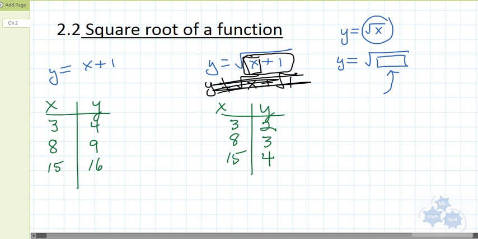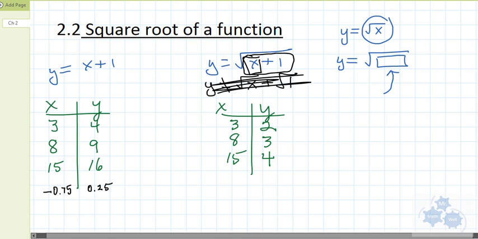Now, one of the things I didn't really do. What if, in this case, x was negative, well, let's just say negative 0.75. What's the value here? Negative 0.75 plus 1 is positive 0.25. Make sense?